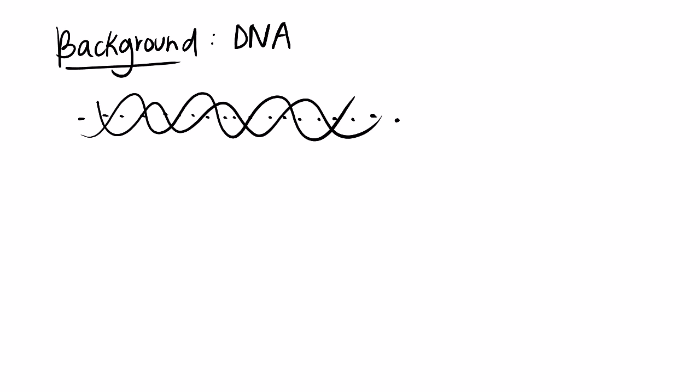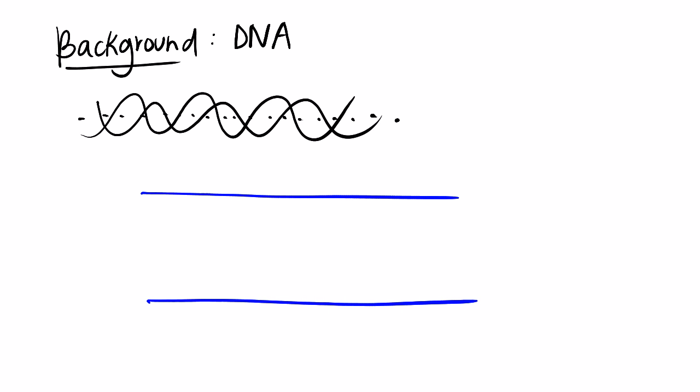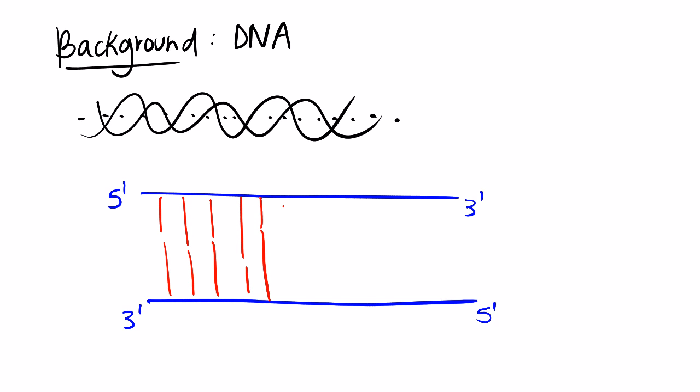And if we were to unravel these two strands, they would run in anti-parallel directions, which means one goes from a 5' carbon to a 3' and the other from a 3' carbon to a 5'. And inside, within these two strands, are these nucleotide pairs that are bound. The sequence of these pairs is what gives life its uniqueness, its diversity.